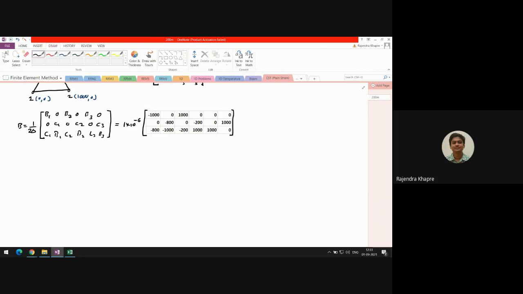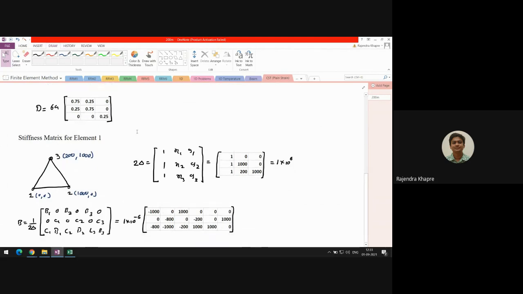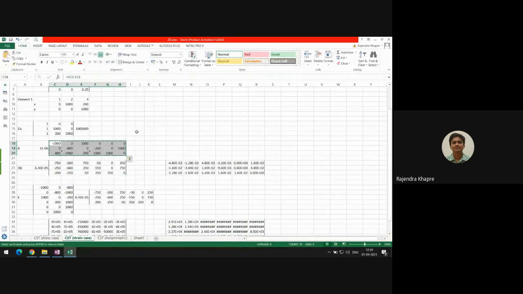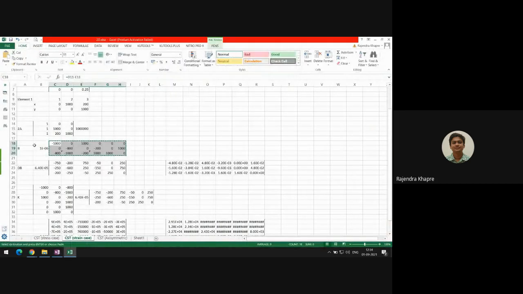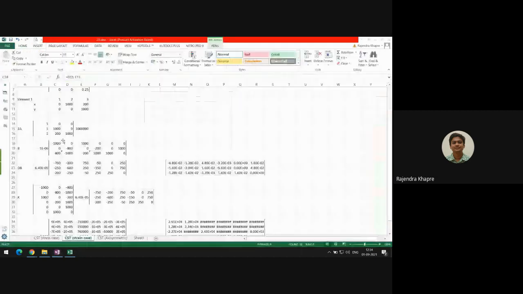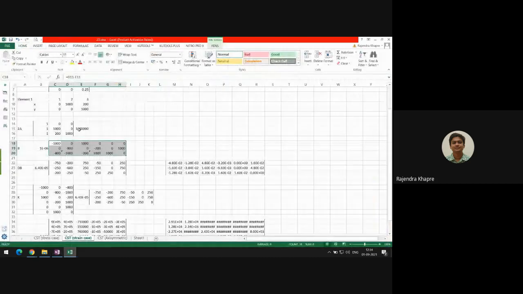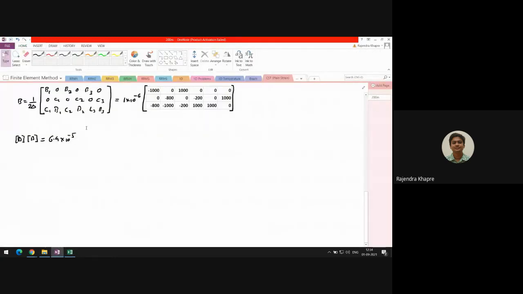Okay, so now we have the B matrix available with us. We also have this D matrix. So now we can simply go for the multiplication of D into B matrix. If you just multiply all these values, what you are going to get is something like 6.4 into 10 to the power minus 5 multiplied by a matrix which looks something like this.